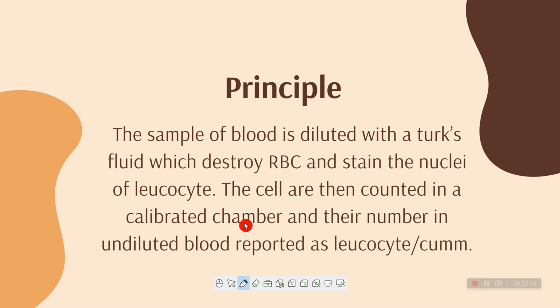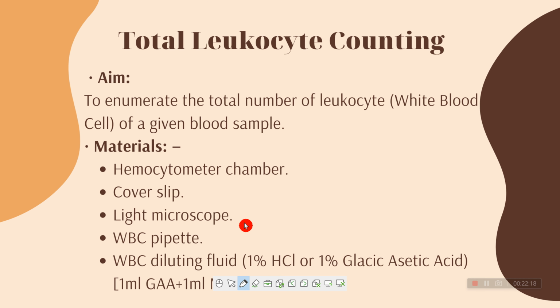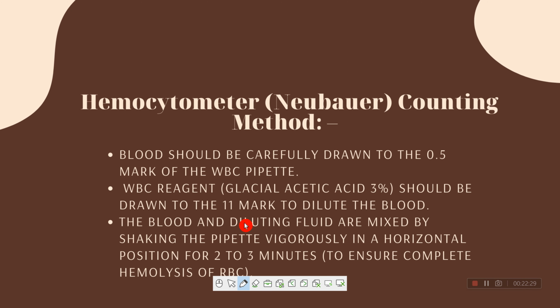So what happens here? The blood sample is mixed with Turk's fluid. Turk's fluid consists of 1% glacial acetic acid and/or 1% HCl. So what does this WBC diluting fluid do?